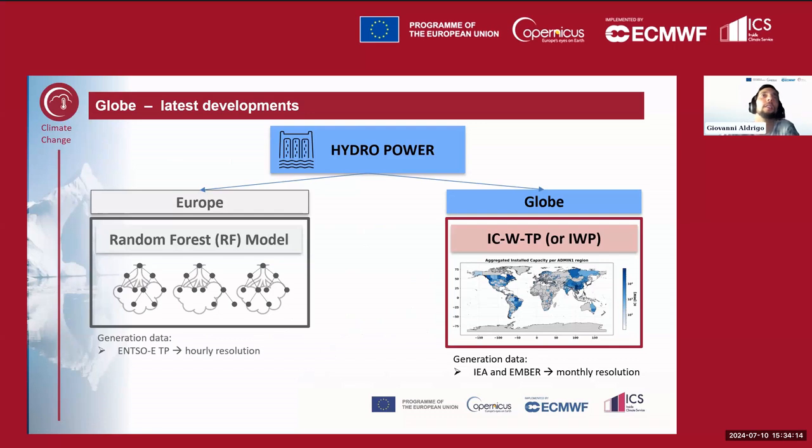The last slides mainly involve the global approach. I mentioned there are also nice data sets at a monthly resolution. Now we're using this data to both validate the proxy, but also to test the random forest model at this lower temporal resolution, so monthly, which is actually giving fairly good results.